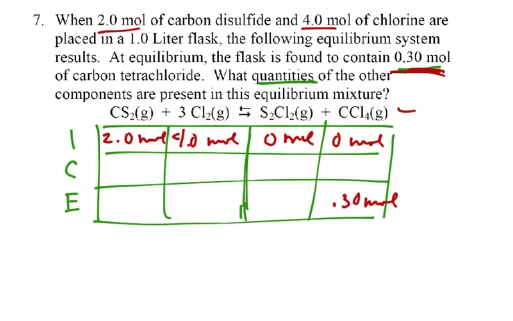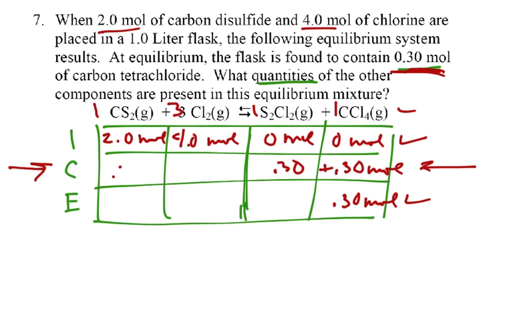So you can see what's going to happen is if I started with 0 and I ended up with 0.3, then I must have made 0.3 moles. Now if I have 0.3 moles here, as soon as I get anything in this change row, then I can fill in the whole row because it's going to be in this 1 to 3 to 1 to 1 ratio. So this number is going to be 0.30 moles.